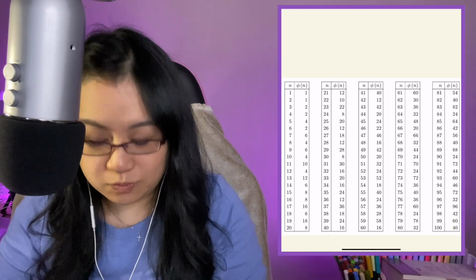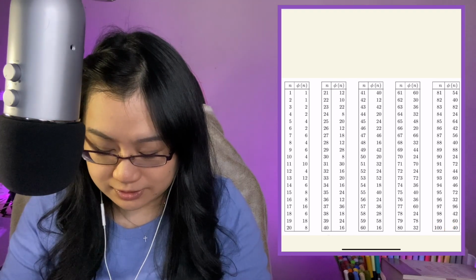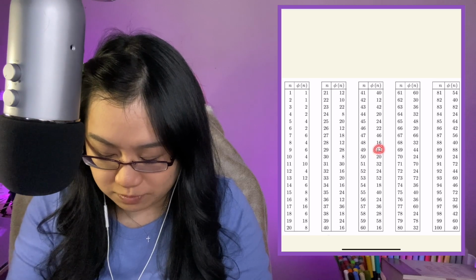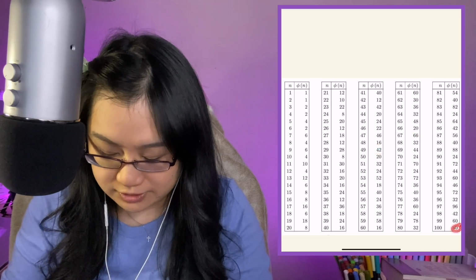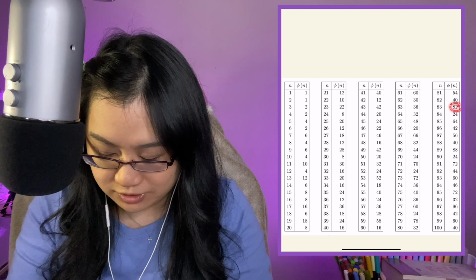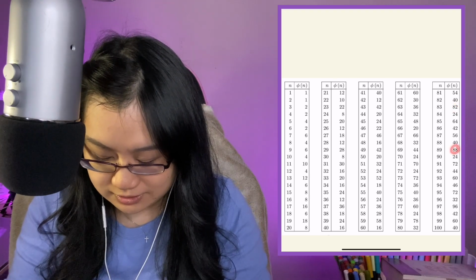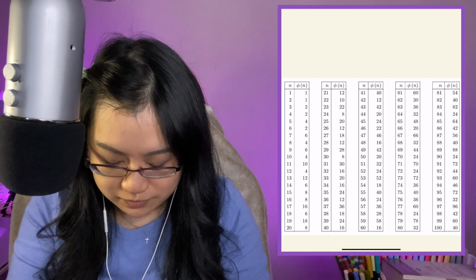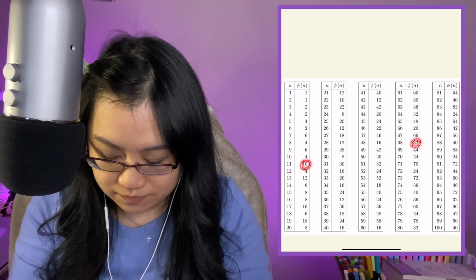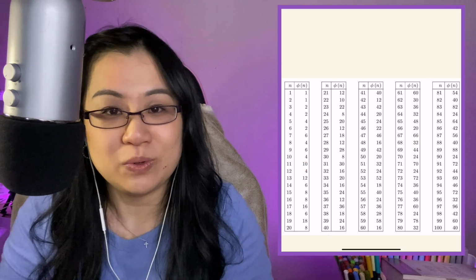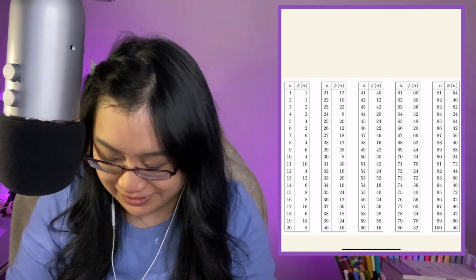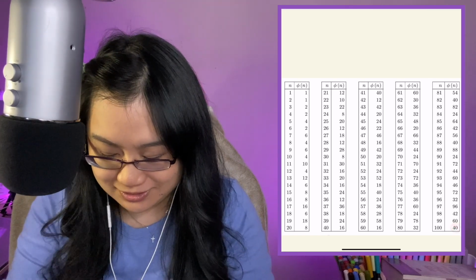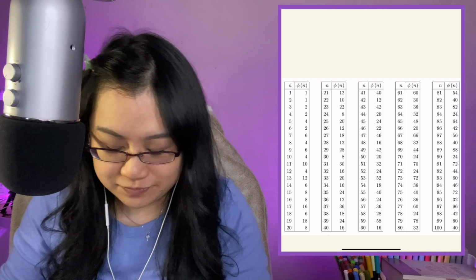And one thing we can notice is that these numbers are all over the place, right? It's not like it's linear or anything. There's an 82, an 88. For you statistics people, you can see what the mean, median, and mode are. It's a lot of work, but just note that it's not linear like that.